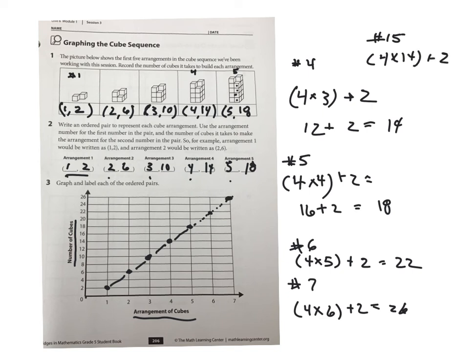So 14 times 4, I'm going to do my doubling. Okay, so that would be 28 times 2, double my 28 would be 56. There would be 56 cubes. So my ordered pair would be 15, 56.